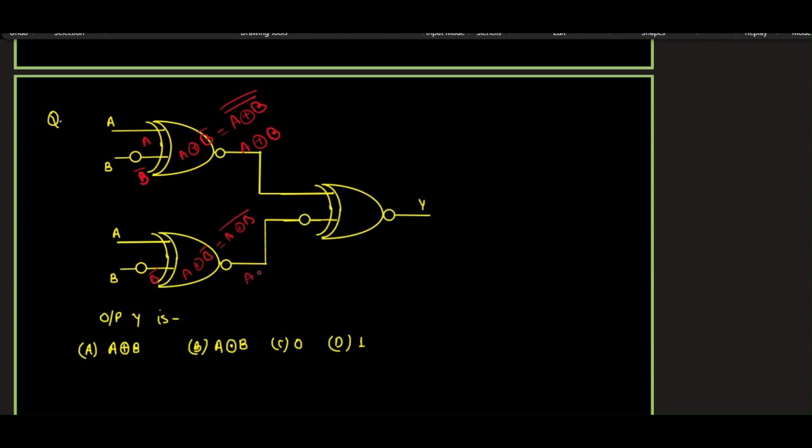And this bubble will complement the previous input, so it will be A XOR B. Now A XOR B bar, let me call it P, then the other becomes P bar. So what I am basically doing here is P XOR P bar, which is nothing but 1. So 1 will get complemented by the output, and output Y will become 0. So C will be my answer.